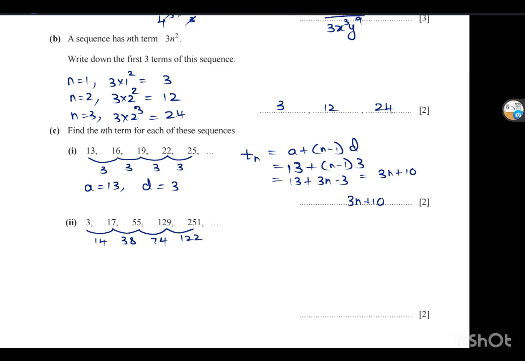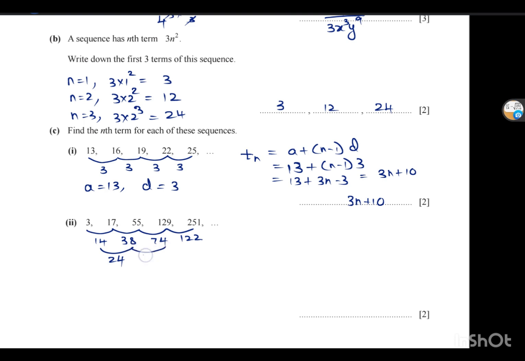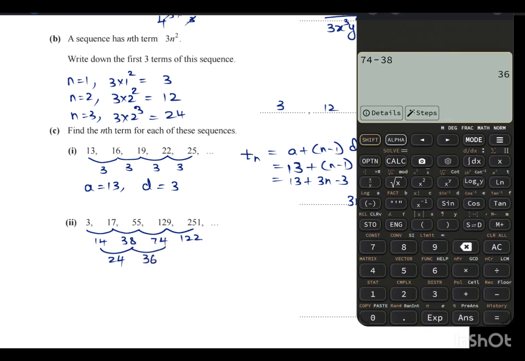Because we did not get the same difference, again do the differences. 38 minus 14, 24. Then 74 minus 38, 36. 122 minus 74, that is 48.